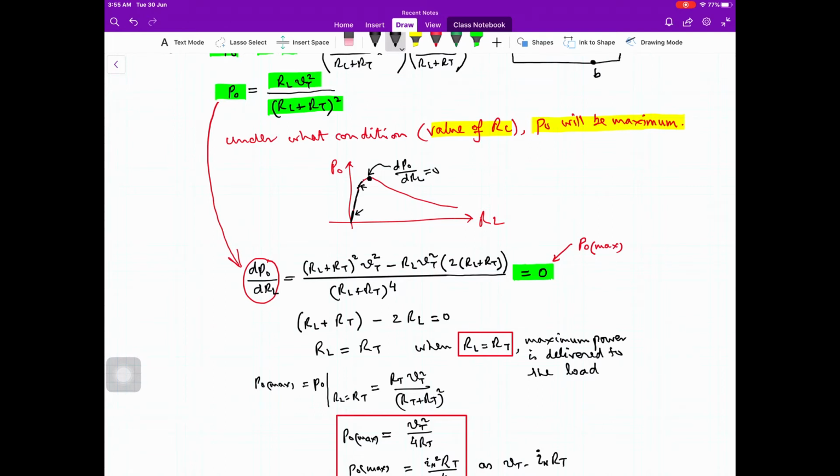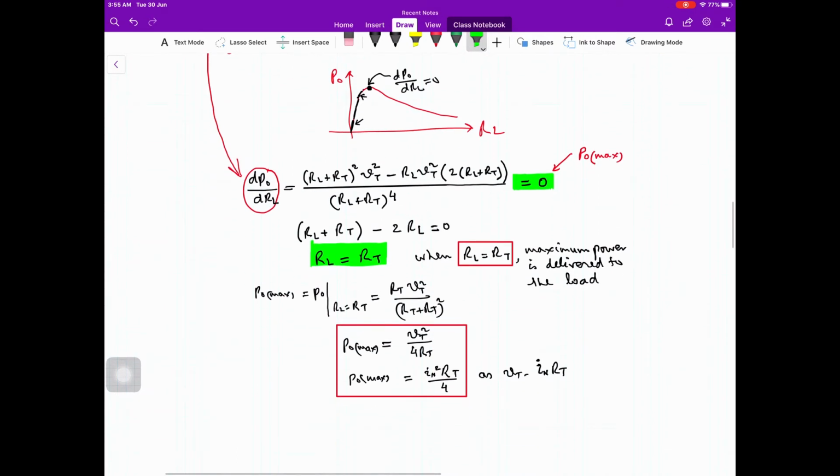We equate it to 0 and then we find a value of RL for which we will have maximum power output, and due to this differentiation we get RL equal to RT. It means that when our load resistance is equal to the Thevenin resistance of the source, maximum power will be delivered.